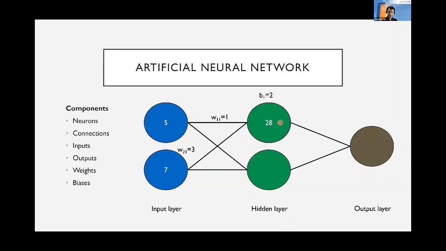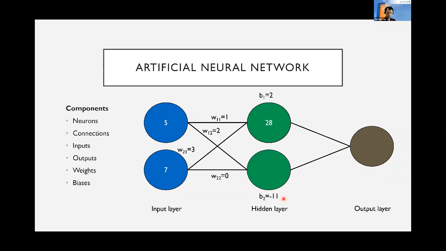So very quickly, we can just run through another example. Let's try and get the neuron value for this neuron over here. In this case, the weight of this connector is going to be 2, and let's say the weight of this connector is going to be 0. And then the bias of this hidden neuron is going to be minus 11.